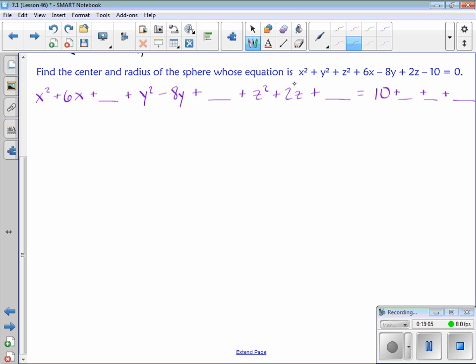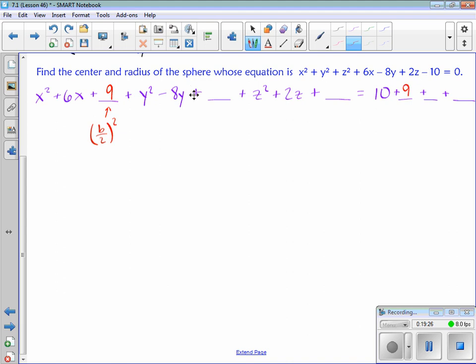The linear piece there. So to come up with what goes in here, you do b over 2 and we square it. Okay. So my b here is 6. If I do 6 over 2, I get 3. When I square it, I get 9. So if I added 9 here, I have to add 9 here.